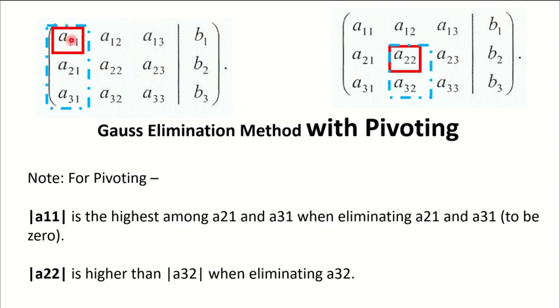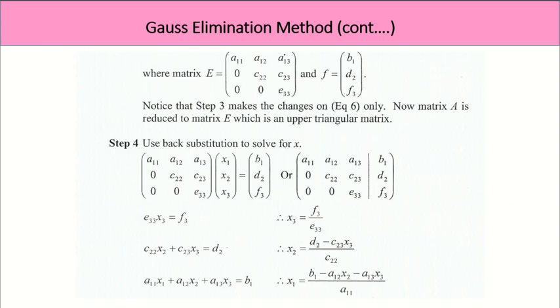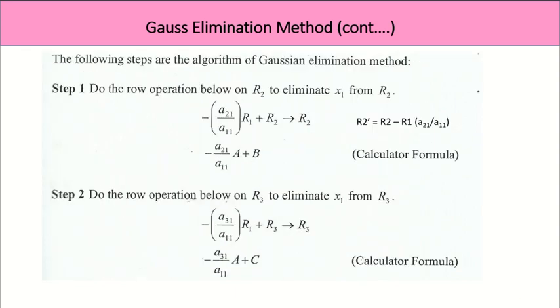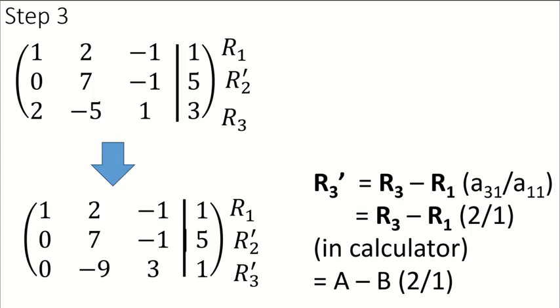What if our A11 starts with 0? If A11 starts with 0, if we recall the equation that we have, let me show you. Okay, this equation. We're going to divide by 0. You can see that we were using A31 divided by A11.